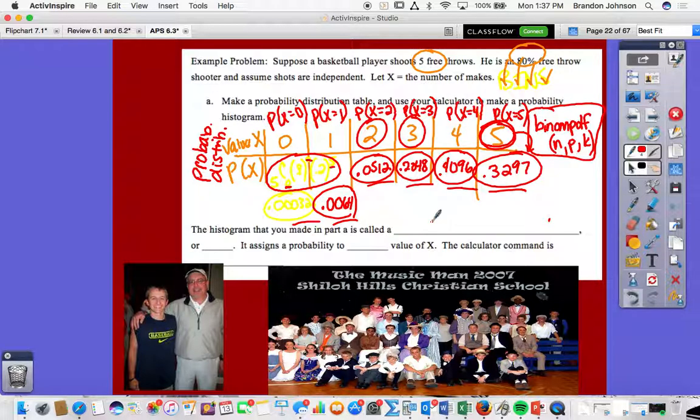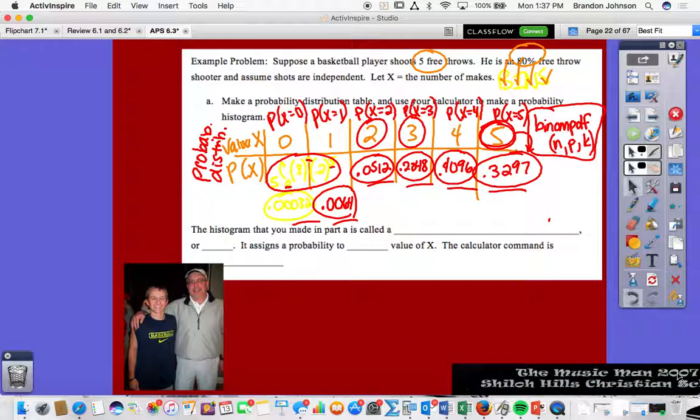Just to get the blanks down below, the histogram that you made, if I made a histogram here, okay, what I would get would be, let me actually move this here. The histogram would go all the way from 0 to 1, right? And I could say this is 0.5 right here.